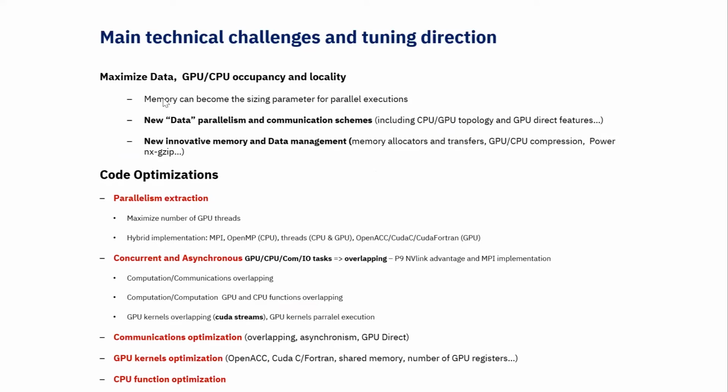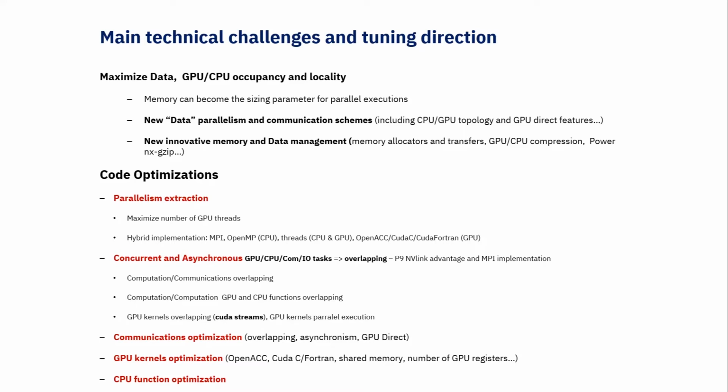The main technical challenge, so very quickly we figured out, was not really a problem of algorithm, but a problem of memory, both memory on the CPU and on the GPU.